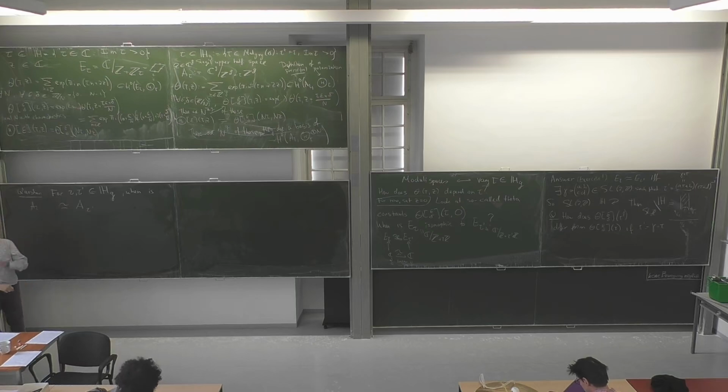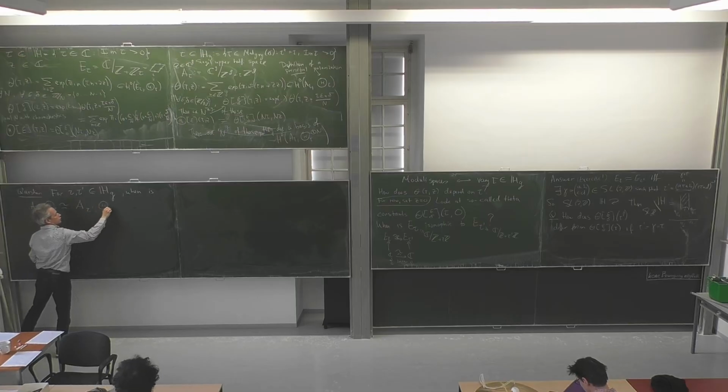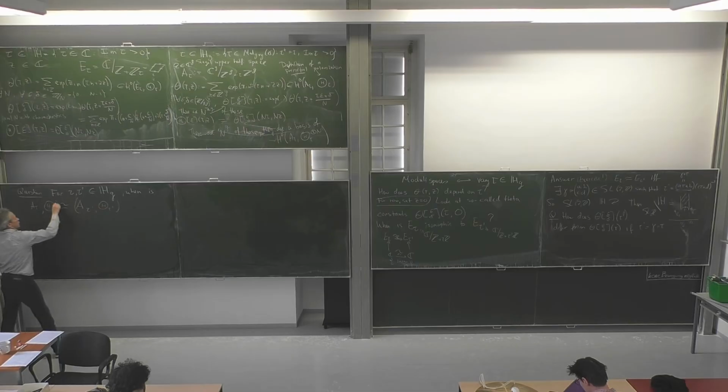Okay, bad question. You'll get something unpleasant if you follow through with this. You really should say with the polarization, with the polarizing divisor. So what I mean by this, I want an isomorphism that will send this to that.